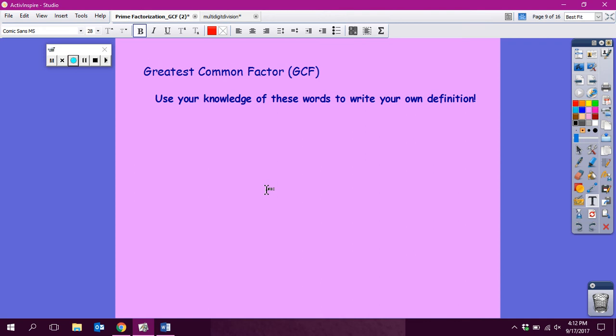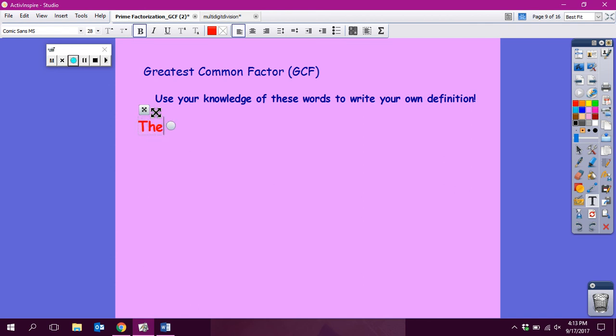So greatest common factor. If you break this phrase down and look at what it means, you could make up your own definition, because we know what a factor is, and you should have prior knowledge of what greatest and common mean. Word for word, another way to say greatest would be biggest.